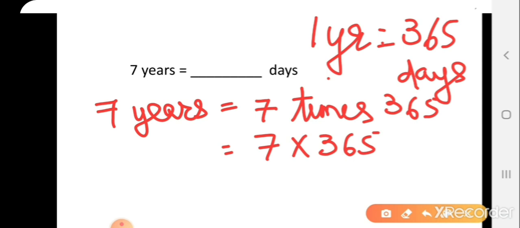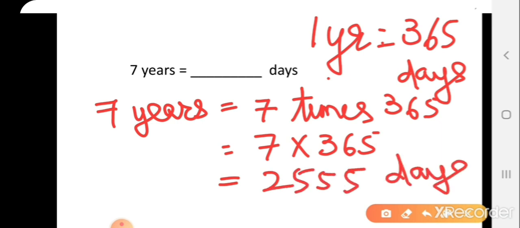So we get the answer 2555 days. So 7 years is equals to 2555 days.